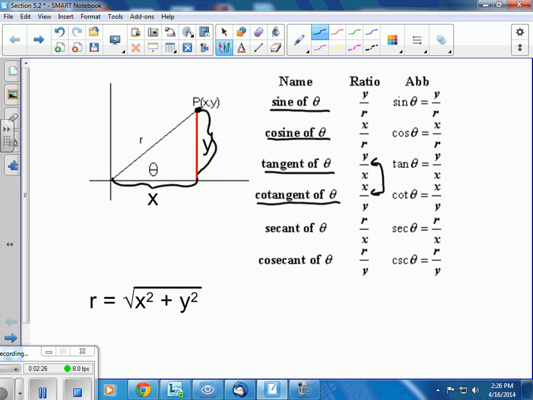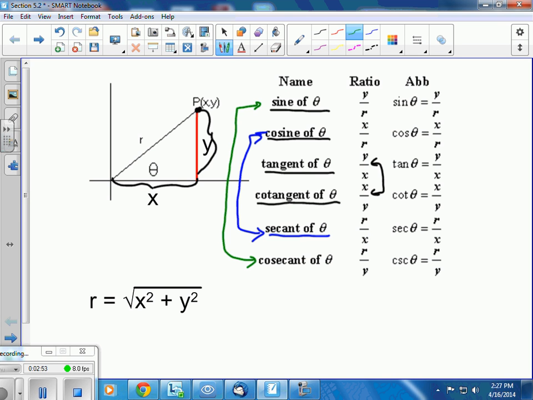Similarly, we have the secant of theta, which is r over x, which happens to be the reciprocal of the cosine function. And lastly, we have the cosecant, and the cosecant is the reciprocal of the sine function, and it is r over y.